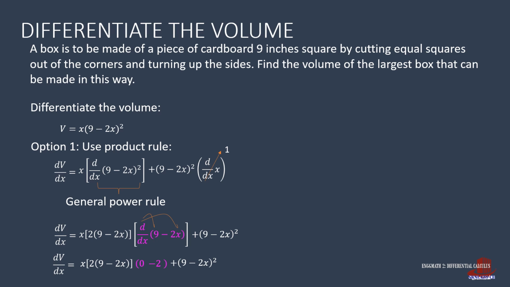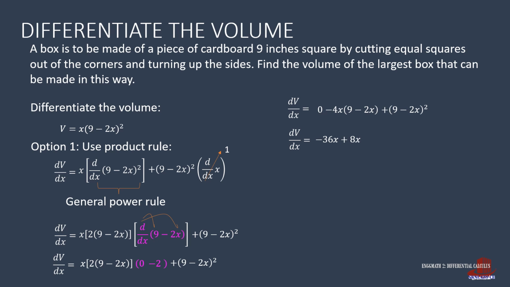With no d over dx left, simplify the function, which turns out as 0 minus 4x of 9 minus 2x plus the square of 9 minus 2x. In order to collect similar terms, take out groupings.